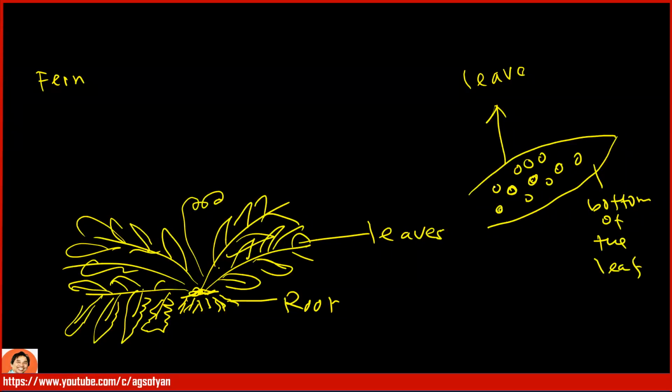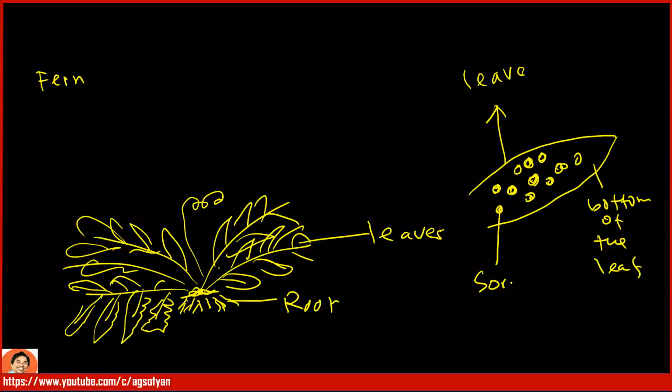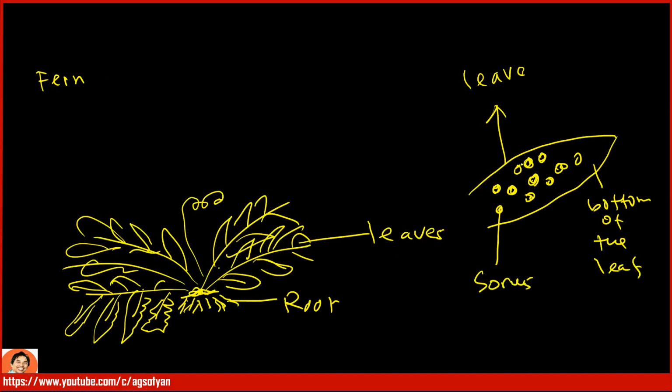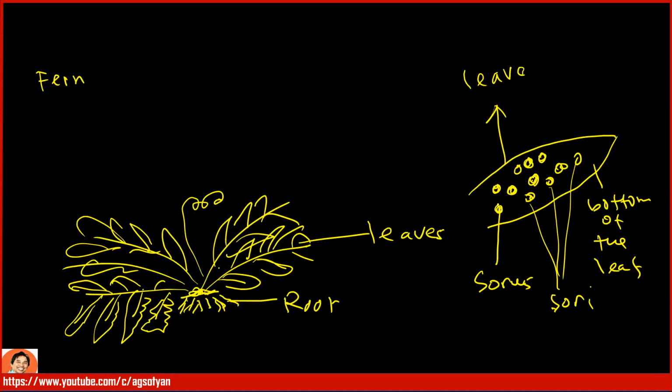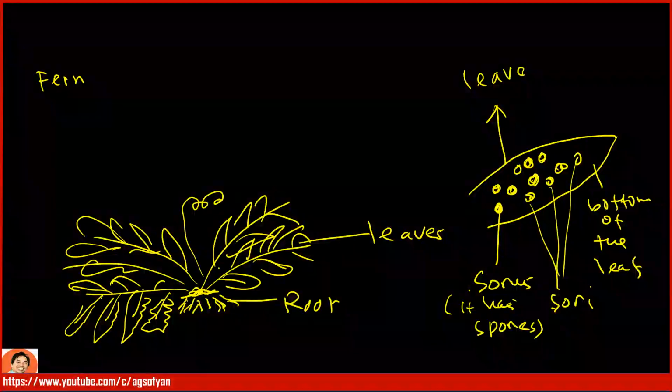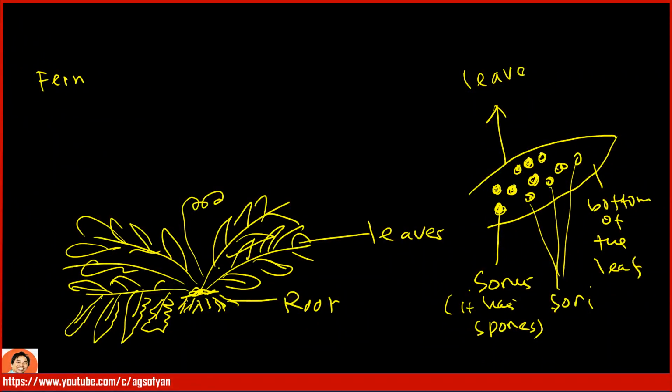You're gonna see a lot of structure like this. Its structure is called sorus. So all of this is called the sori. And inside its sorus it has spores. So the sorus actually carries a lot of spores.